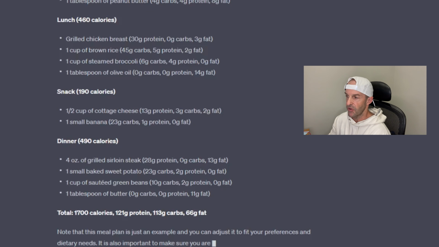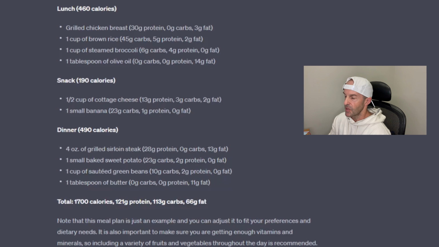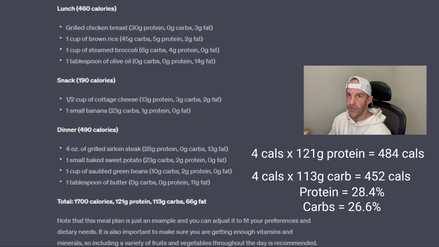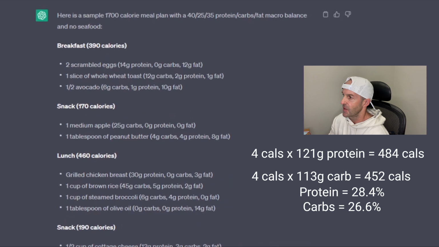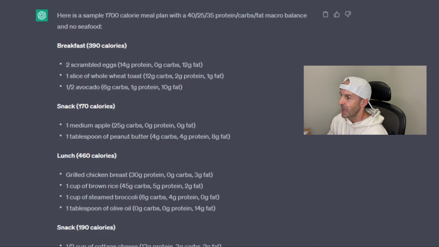For those that don't know, it's 4 calories per gram of protein, 4 calories per gram of carb, and 9 calories per gram of fat. If we've got 121 grams of protein and 113 grams of carbs, they're pretty close, right? So that is not a 40 to 25% ratio. That's way out.